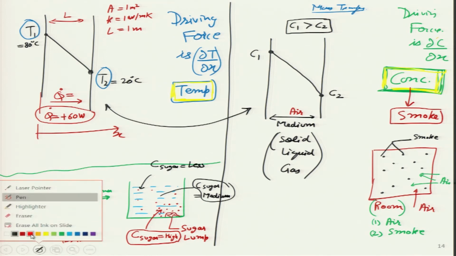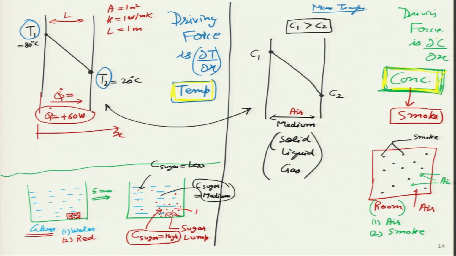Let me use another color, maybe red. This one I will call zone A, this dot over here is zone B, and this dot over here is zone C. So, I can write that the concentration of sugar in zone A is higher than in zone B, which is higher than in zone C.